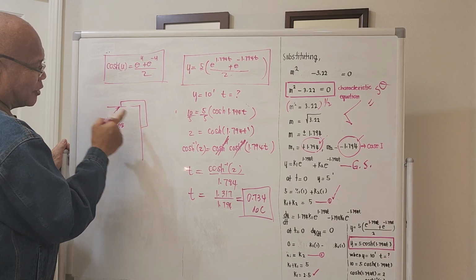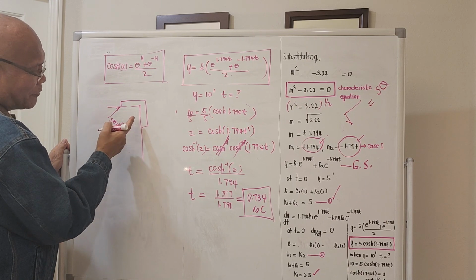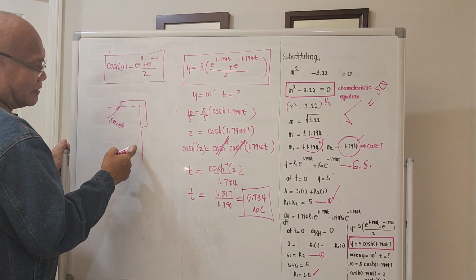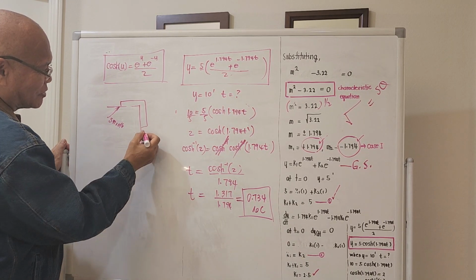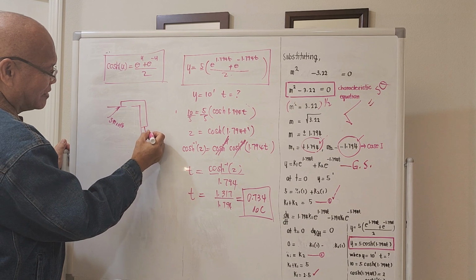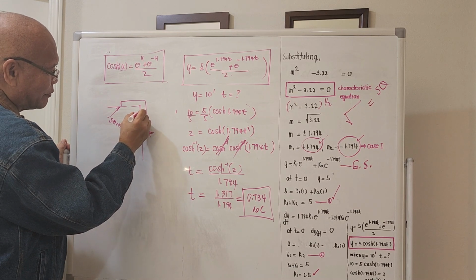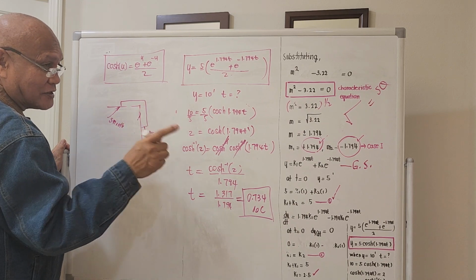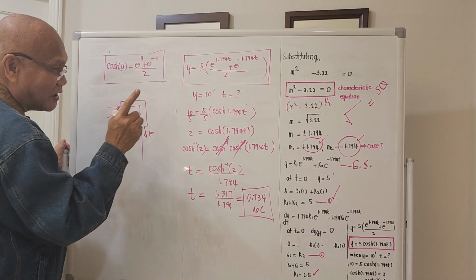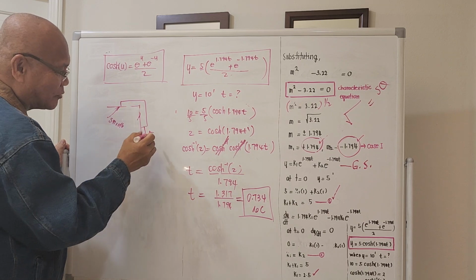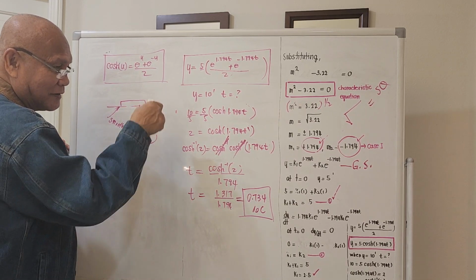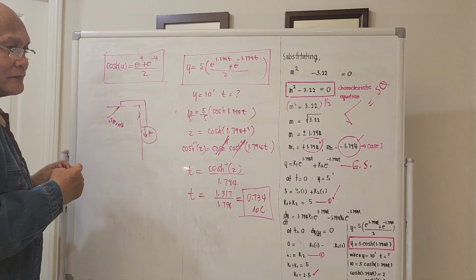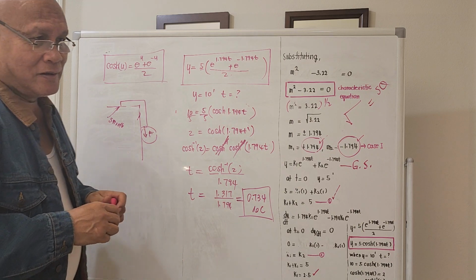Because if there is friction, even on the wall, our equation will be different because this F here, we will subtract by the frictional force over here. If there is, but the problem says it is smooth. So the only force acting on the cable is actually the total weight hanging. No more friction.